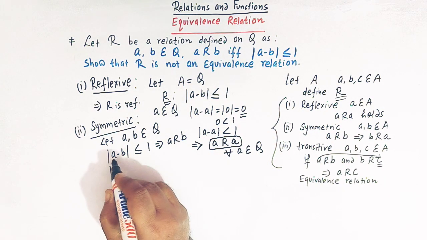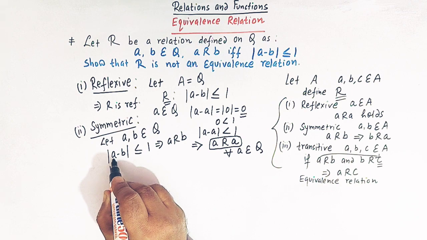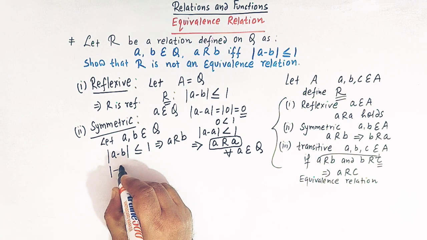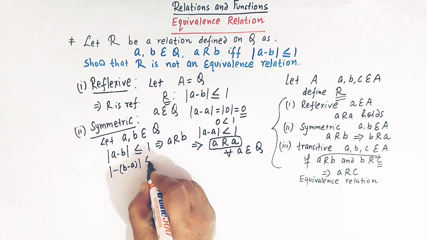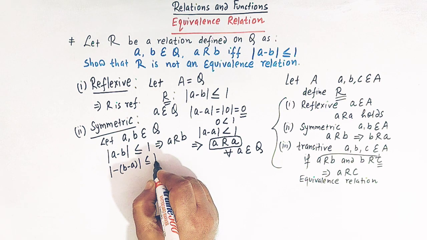Now if we take the negative sign common from A minus B, then we have negative of B minus A, and we can write less than or equal to 1.